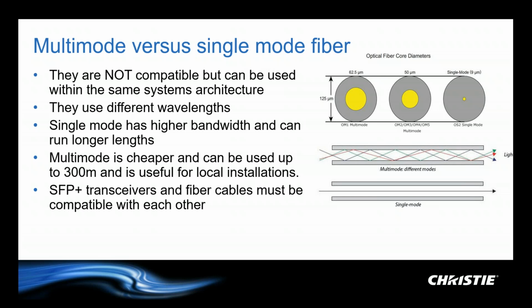As you can see, they're very different cables, and the way that the light gets sent down there is very different as well. So you need to make sure that the transceivers and the fiber cables that you're using are actually compatible.